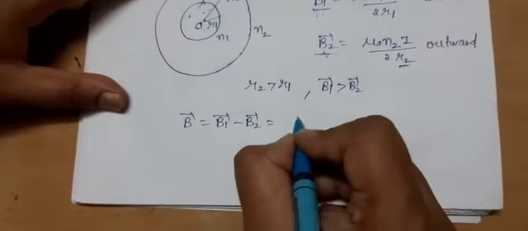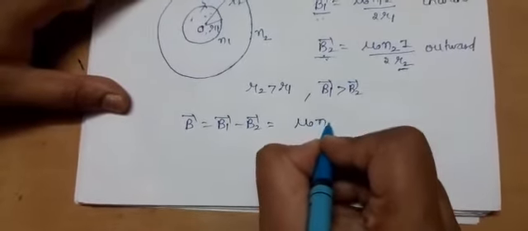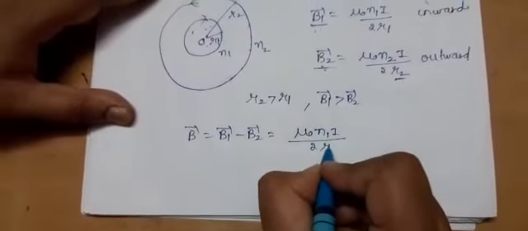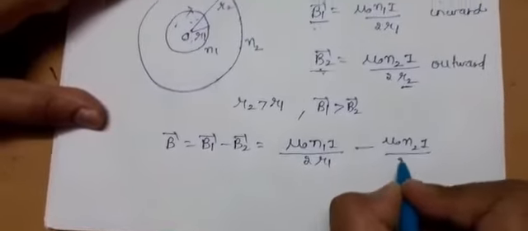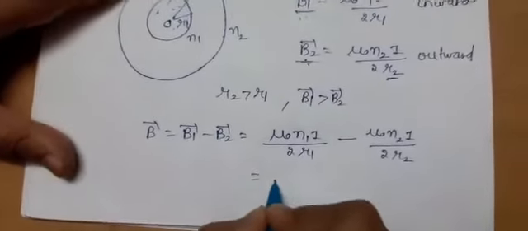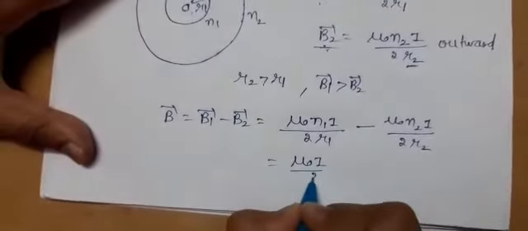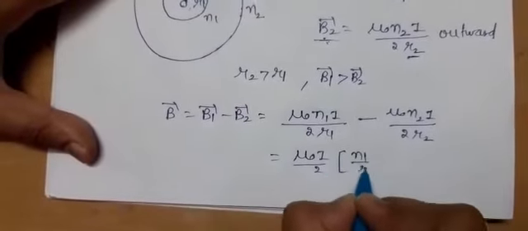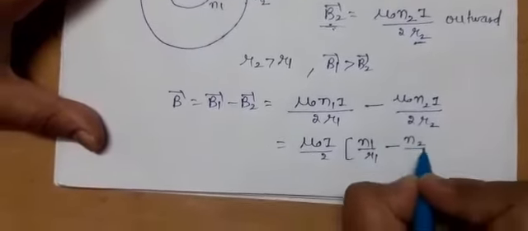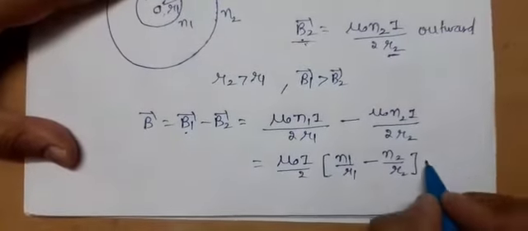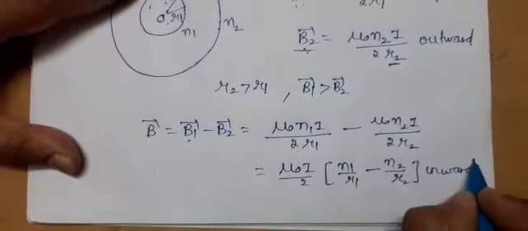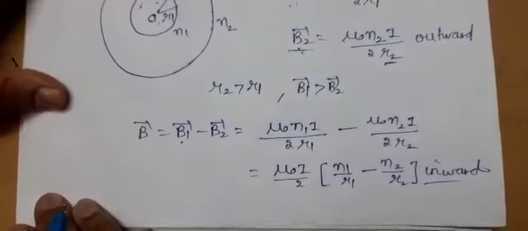Substituting the values, mu naught n1 I upon 2r1 minus mu naught n2 I upon 2r2. This is mu naught I upon 2 times (n1 upon r1 minus n2 upon r2), and the direction of B1 is inward. So the net magnetic field will be directed inward.